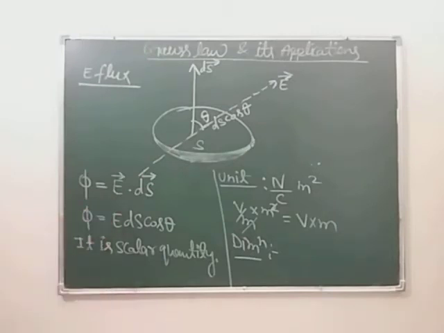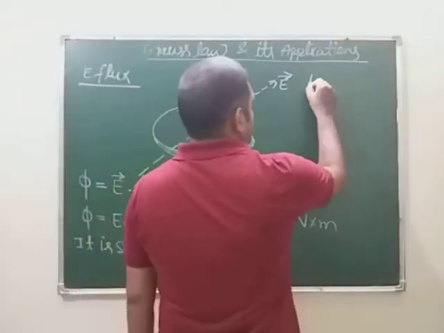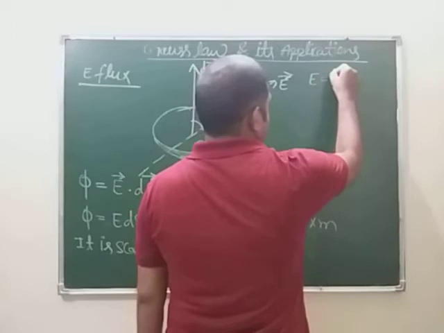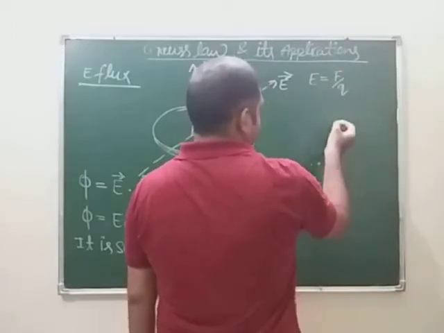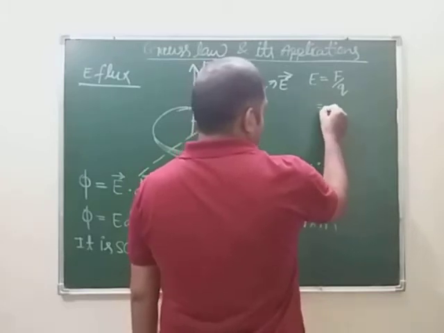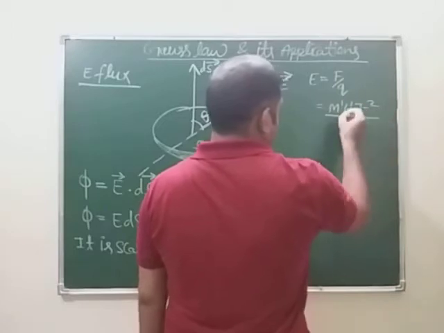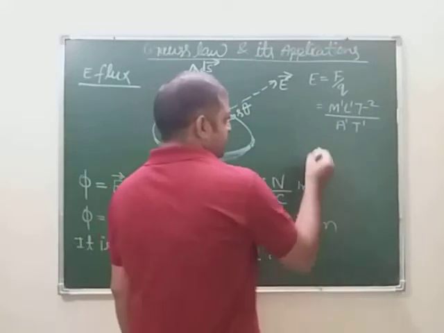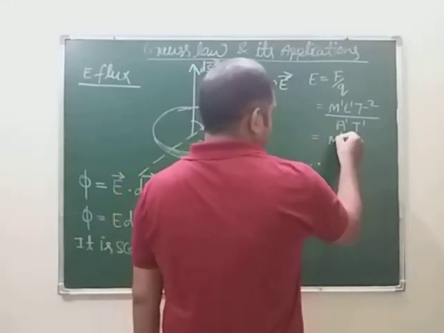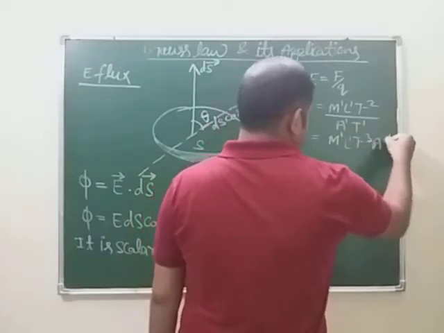So the dimension of electric field will be, look here, E is equal to F upon Q. In the last chapter, Coulomb's law, we have F is equal to QE, that formula. So M1 L1 T minus 2 is the dimension of force, and the charge is A1 T1. So we can solve it: M1 L1 T minus 3 A minus 1.